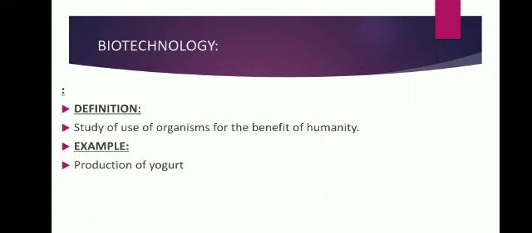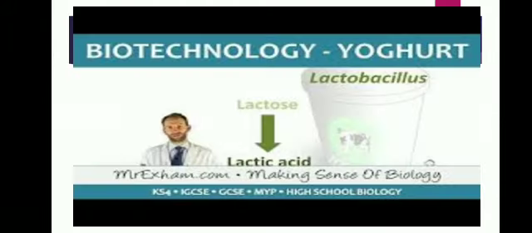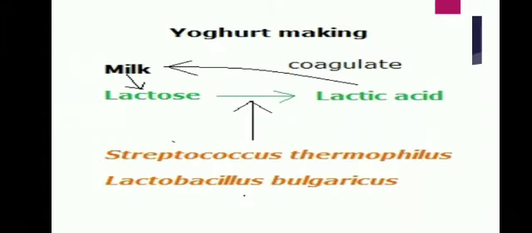You can see on your screen, yogurt is formed with the help of bacteria, Streptococcus thermophilus and Lactobacillus bulgaricus. These two bacteria convert the sugar lactose in milk into lactic acid and coagulate the proteins, forming yogurt.